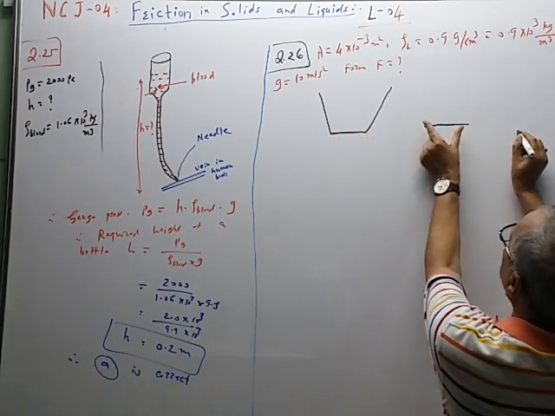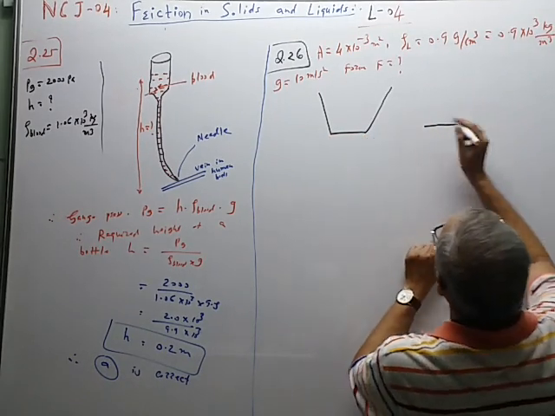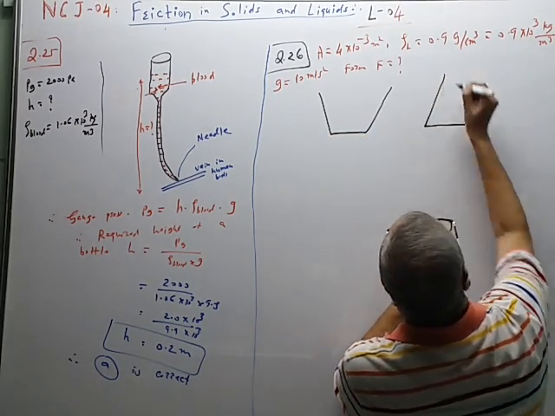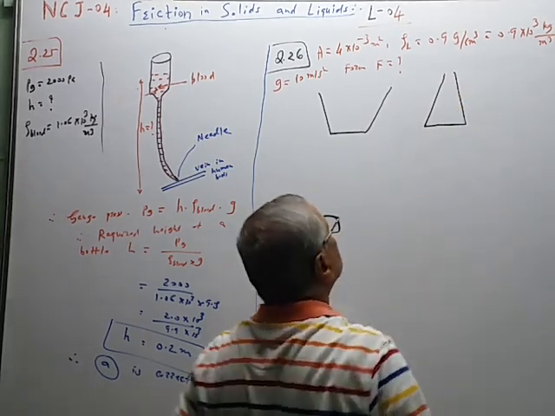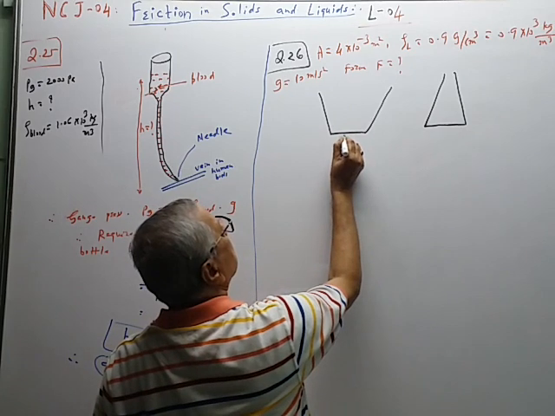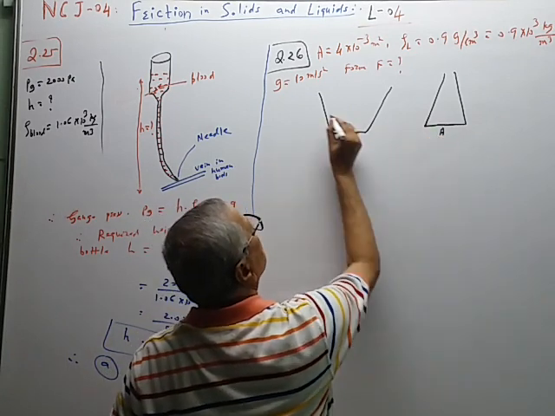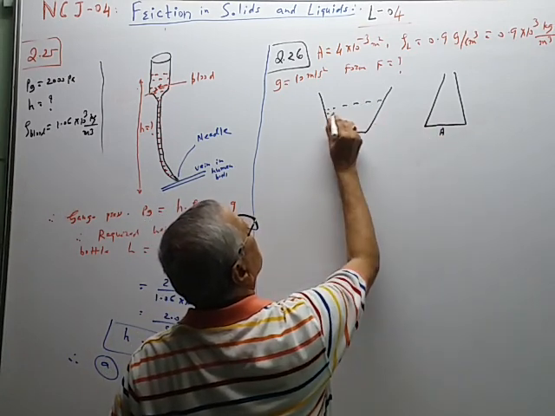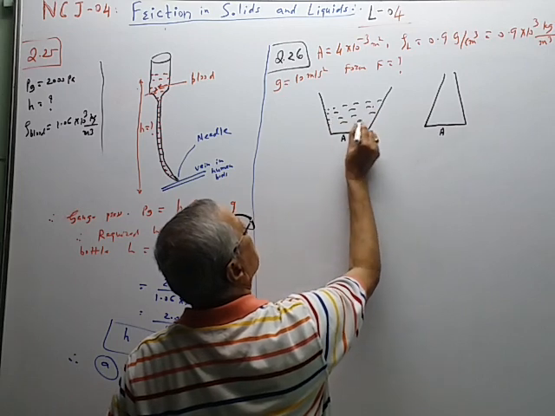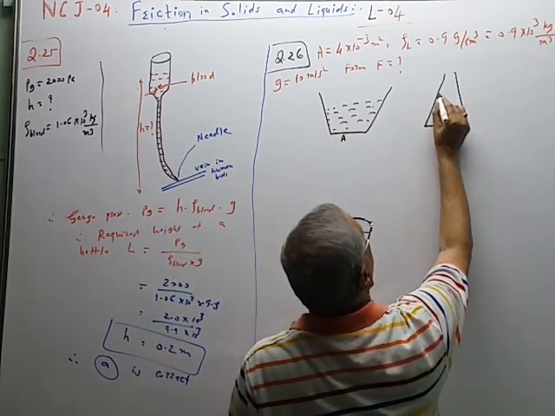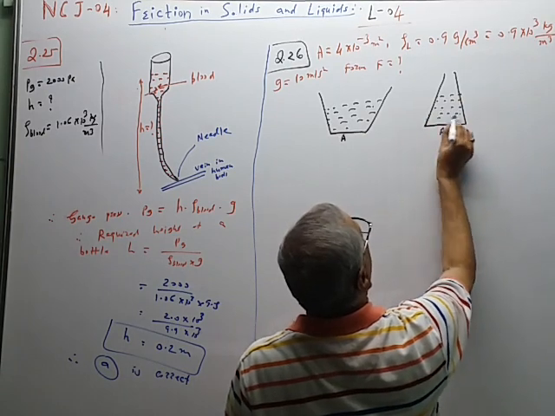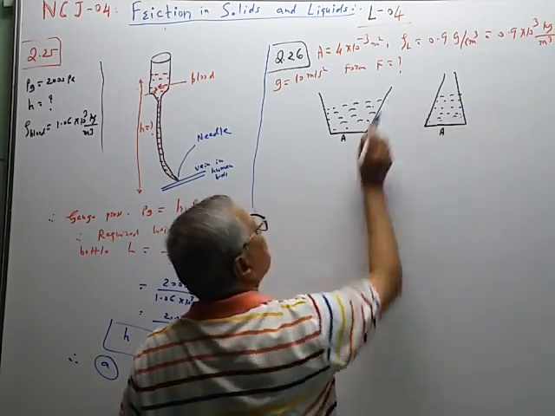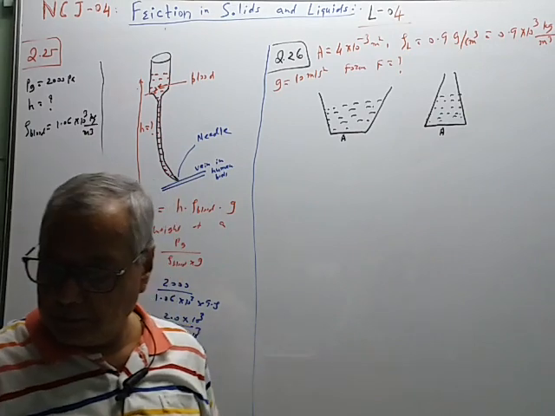This is the base area, so this is the area A. Height H is given to us.